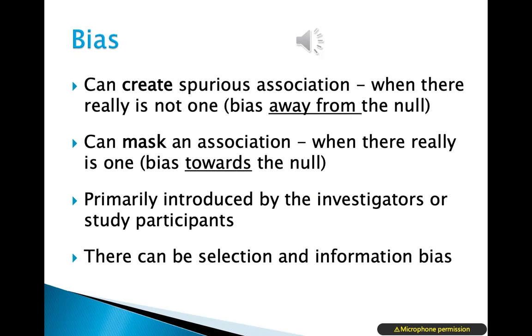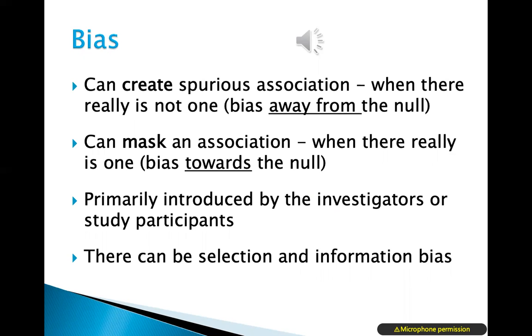Remember that the null hypothesis is when the researchers either directly or indirectly state that there is going to be no relationship between the variables and the outcome, that it won't make any difference in the variables being studied.